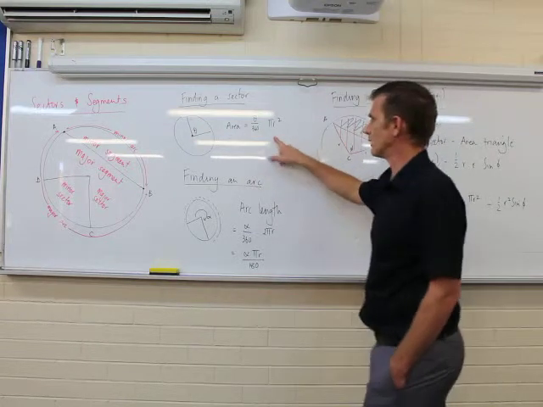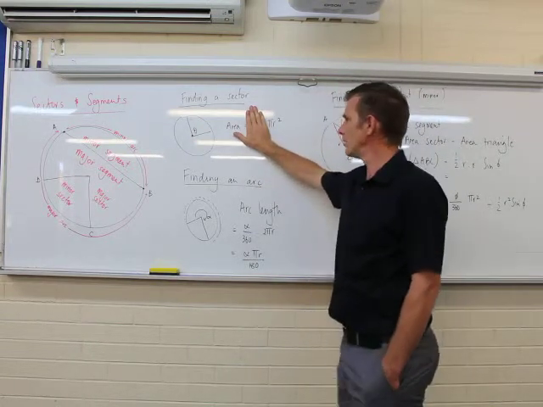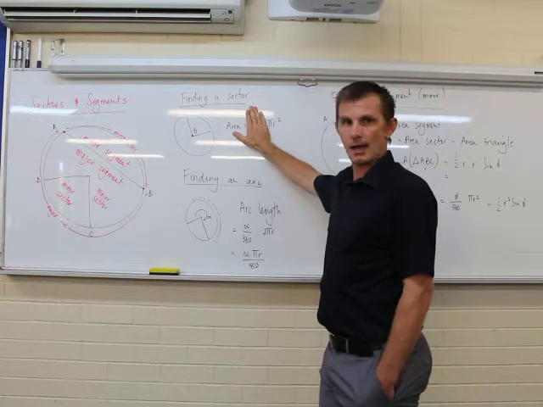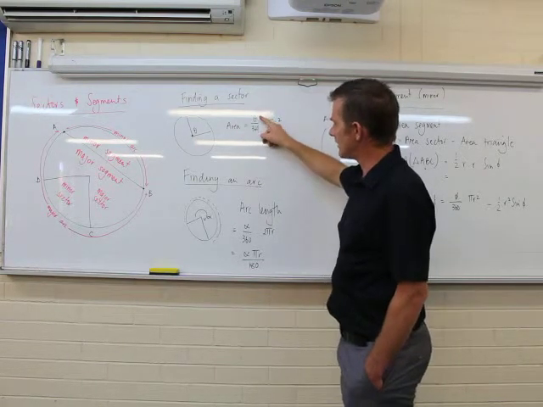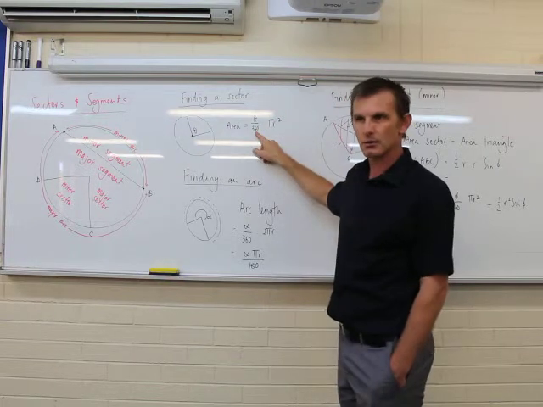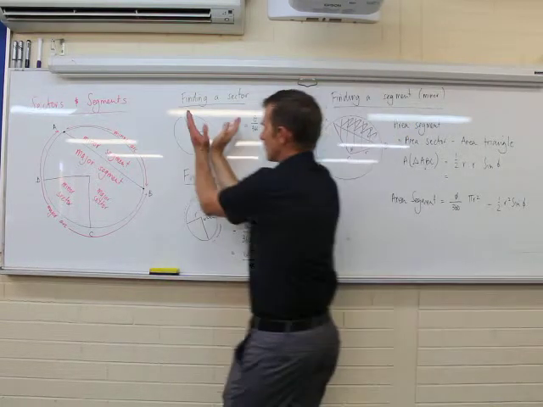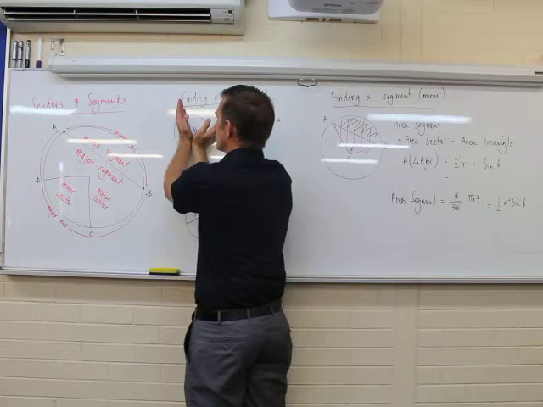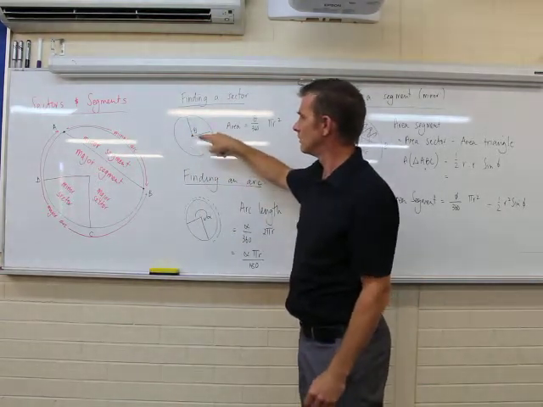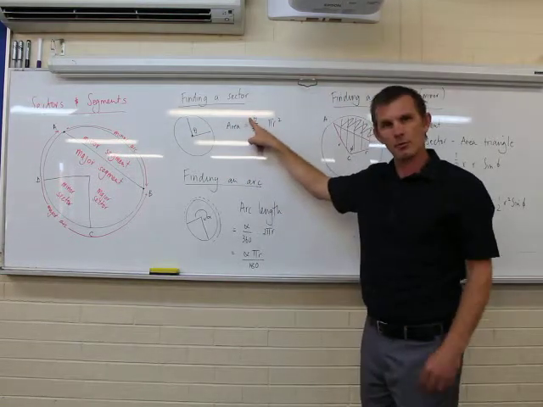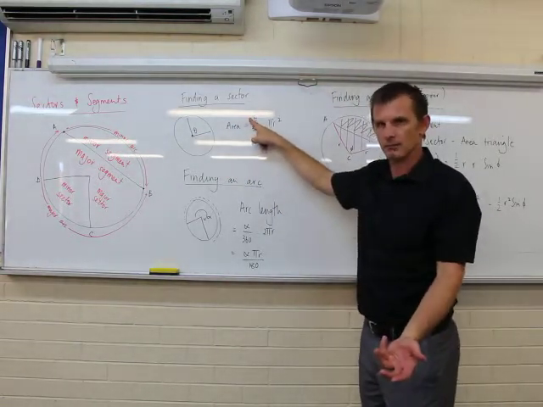Looking at this formula here, if I cover over that part there, all that really is the area of a circle. So all I'm saying is I want theta over 360ths of the circle, which is going to be that section there. Now, of course, if I wanted the major sector, then that up there would be 360 minus theta.